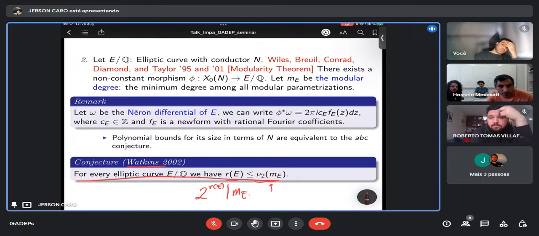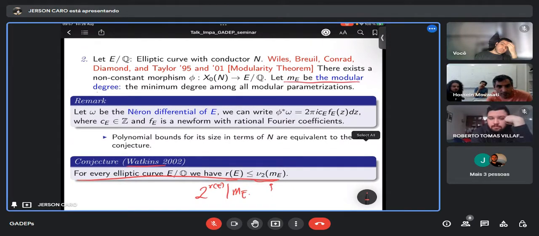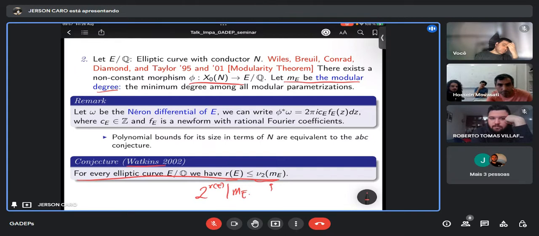The classical two-adic valuation. And m_E was, again, the modular degree, the minimal degree. Okay, the minimal. Yes, this is a morphism, so it has a finite degree, and it's the minimum among all of them.